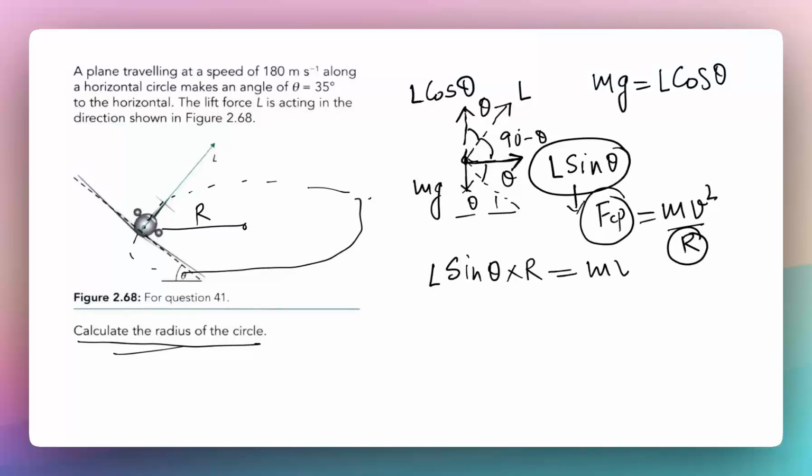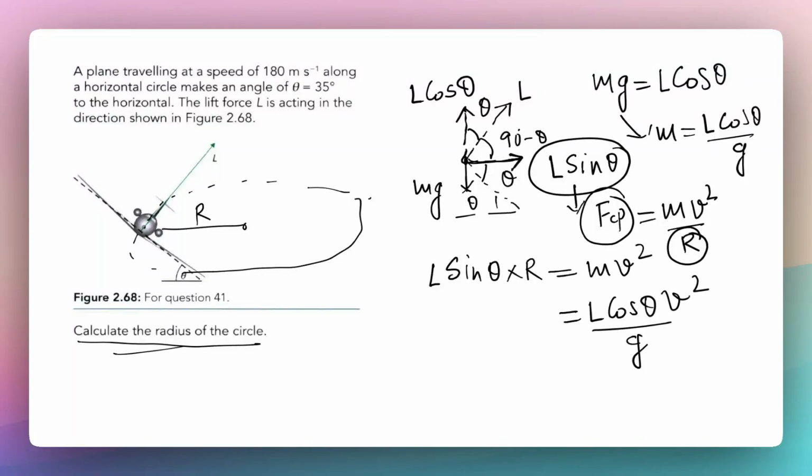and that is going to be mv square. Now m we can calculate from here. m is equal to L cos theta divided by g. So I'm going to substitute for that: L cos theta divided by g, and then v square, equals L sine theta r.